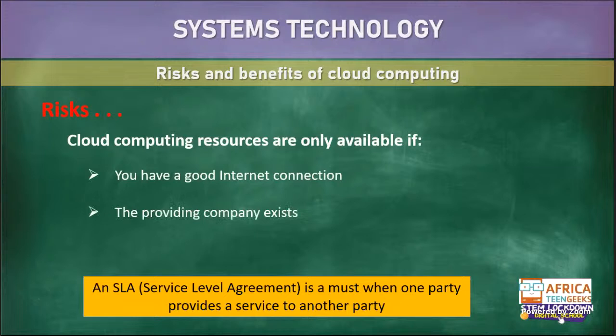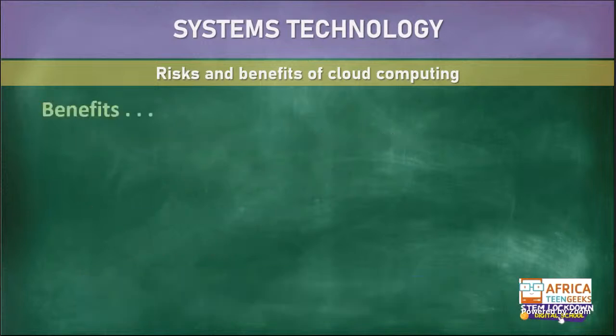The providing company must exist and you keep paying the rent. Then you need a service level agreement, and it's a must. It is needed when one party provides a service to another party. So for you to make use of a SaaS, you need a service level agreement.